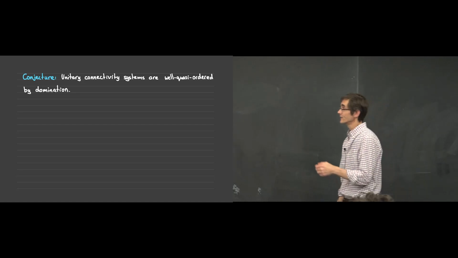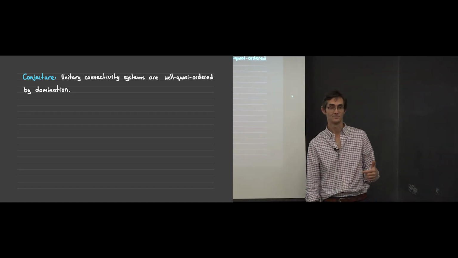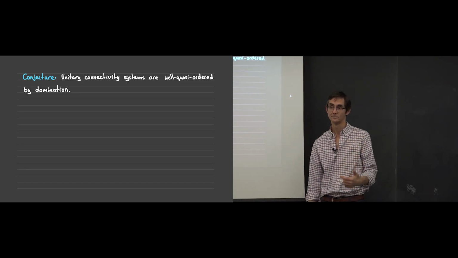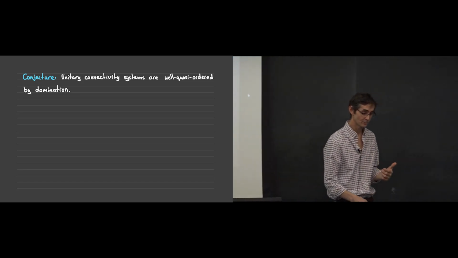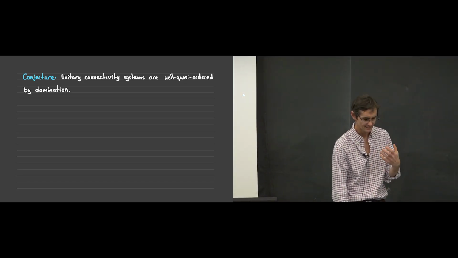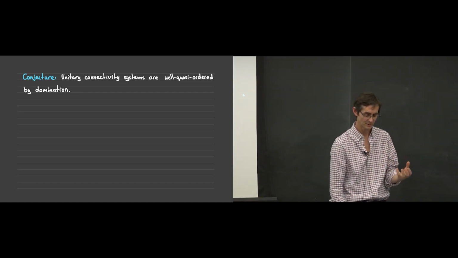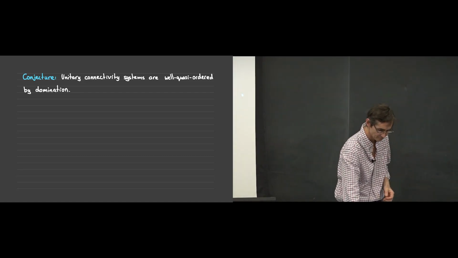And our conjecture is that unitary connectivity systems are well quasi-ordered by domination, which would be nice. That would really say that, in some sense, connectivity does behave well. It would be a surprising theorem.